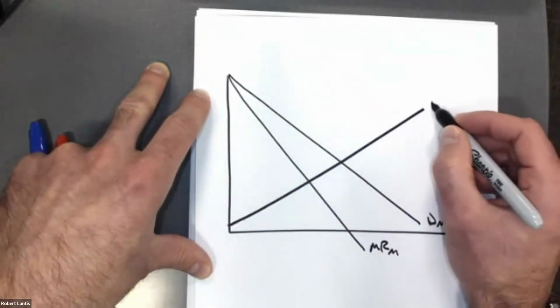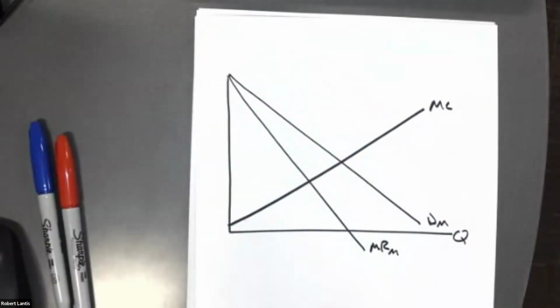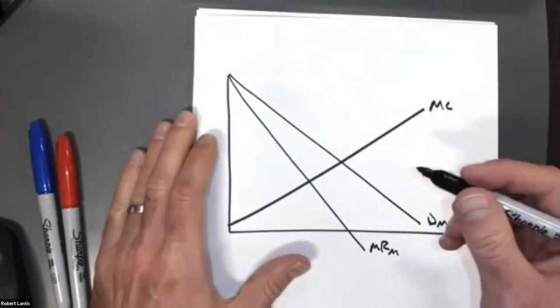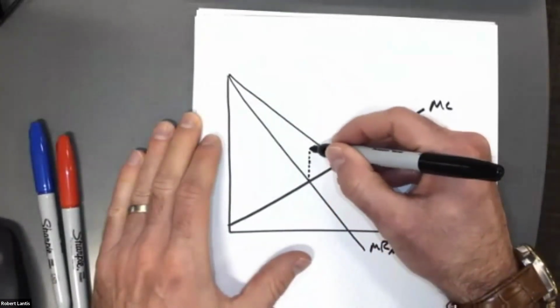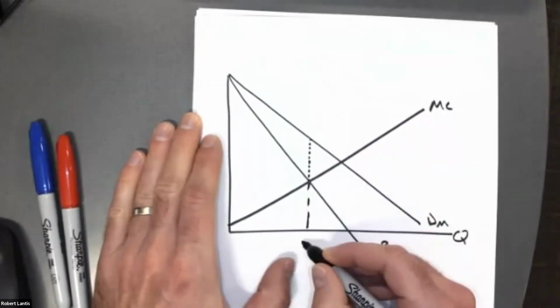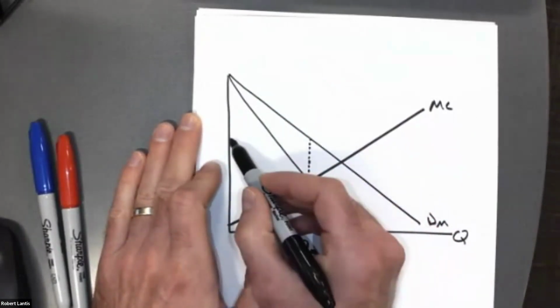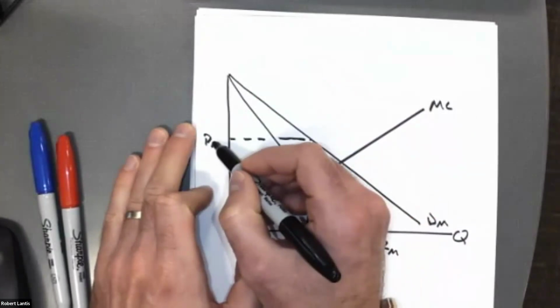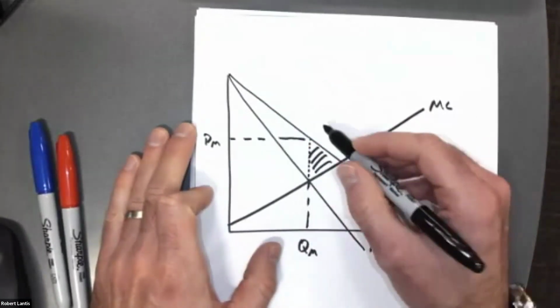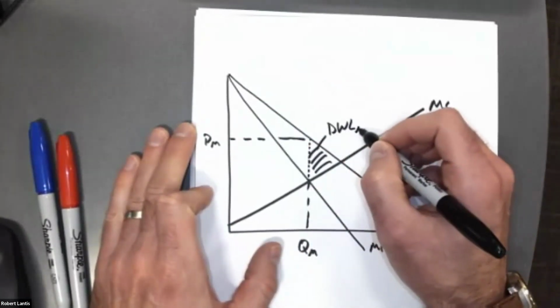Let's say their marginal costs are right here. Okay. So notice the quantity that they would choose and the price they would choose results in this deadweight loss.